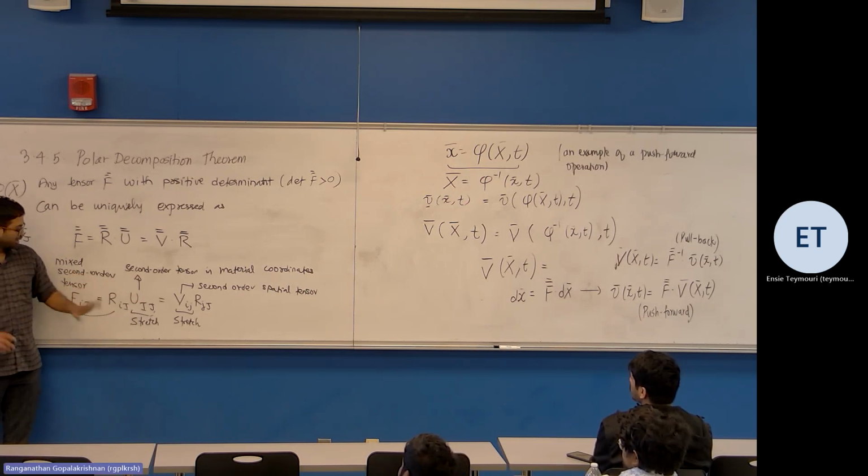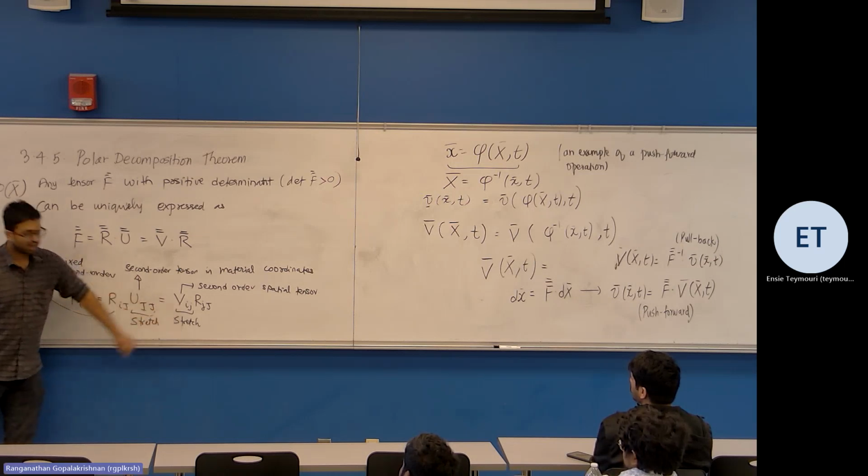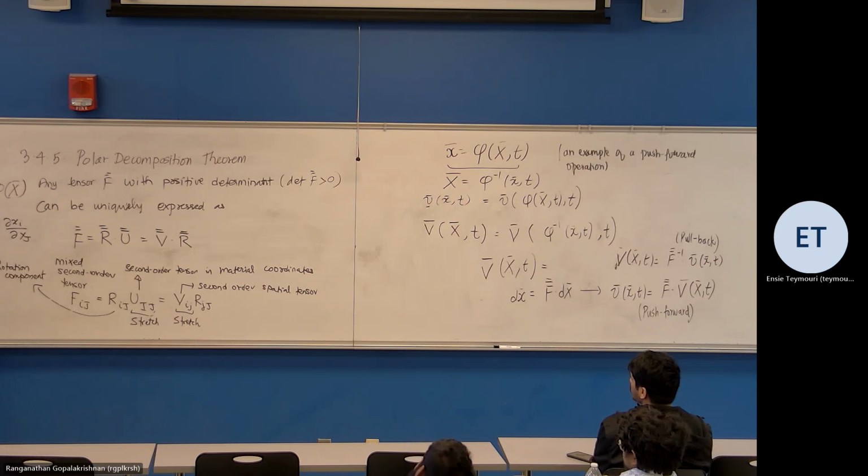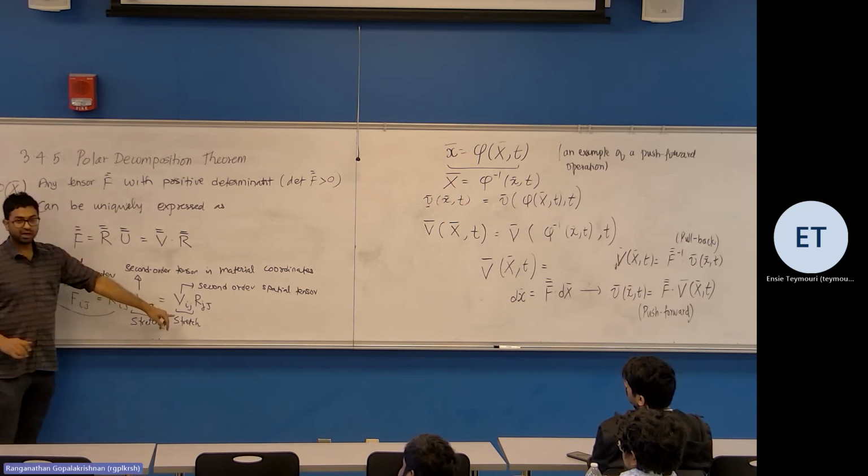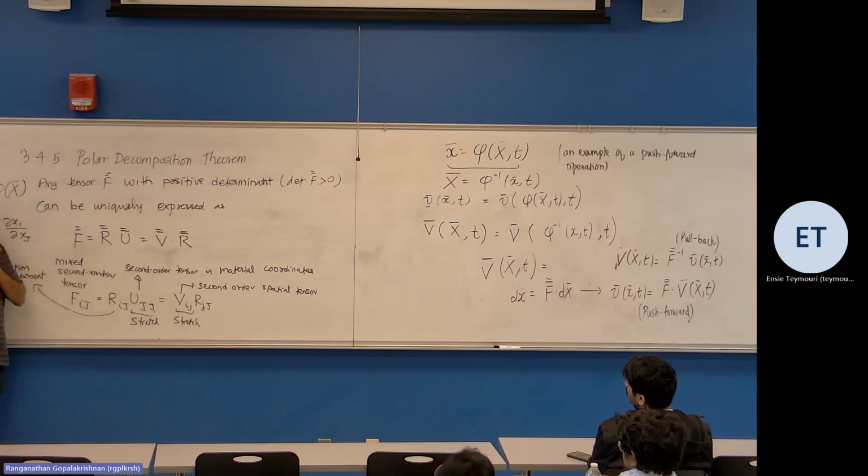Okay. What is the difference between this tensor and this tensor? Uij and Vij. Material and spatial, right? So for simplicity, if we consider that rotation is just not there, it's just a unity tensor.